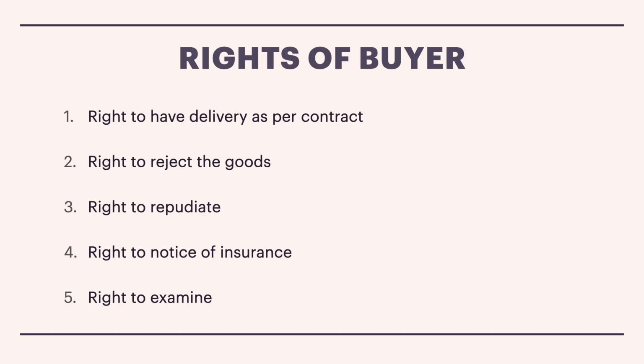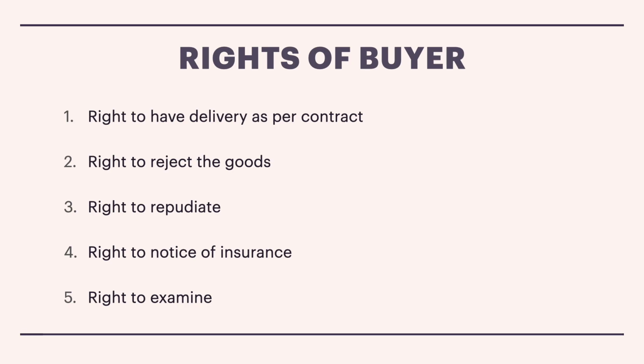Number 4, right to notice of insurance. If the goods are sent by the seller to the buyer by, let's say, a sea route, then the buyer has a right to be informed by the seller so that he may get the goods insured. Because when we are selling by seaways, anything can happen on the sea route.